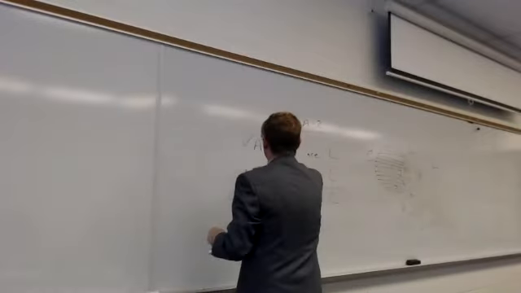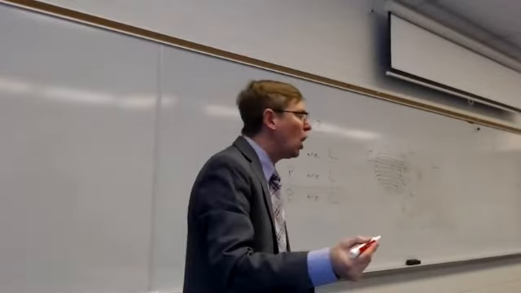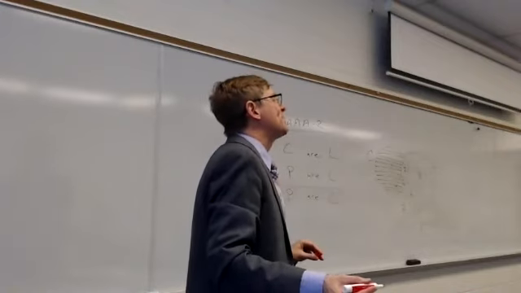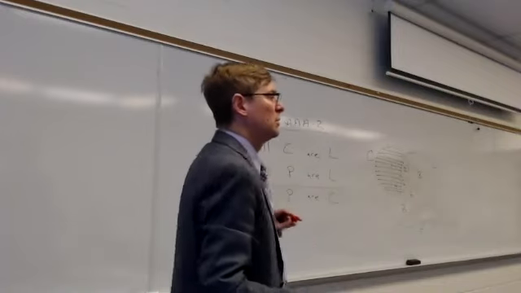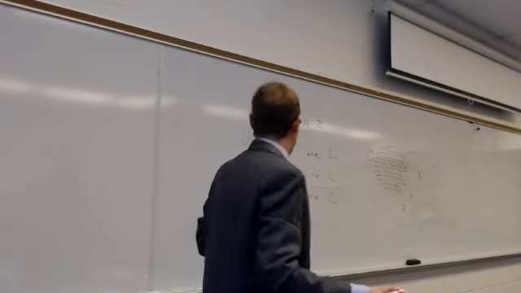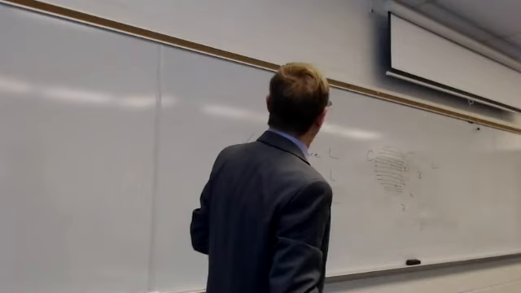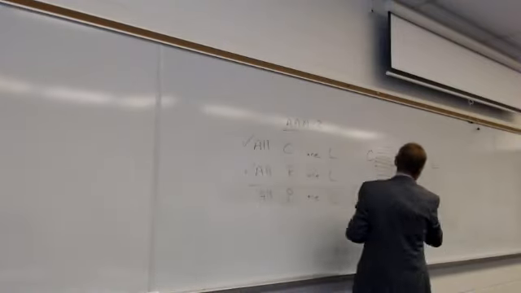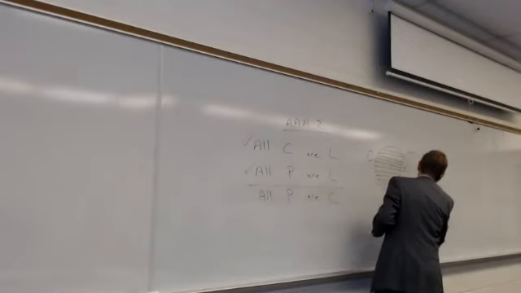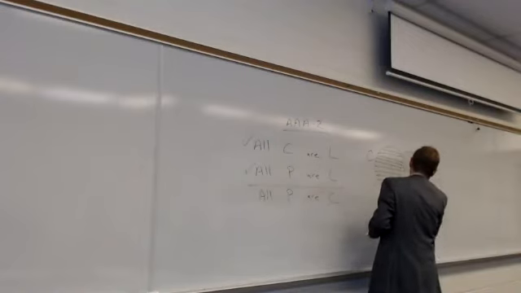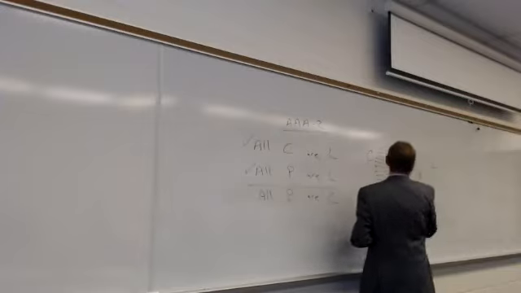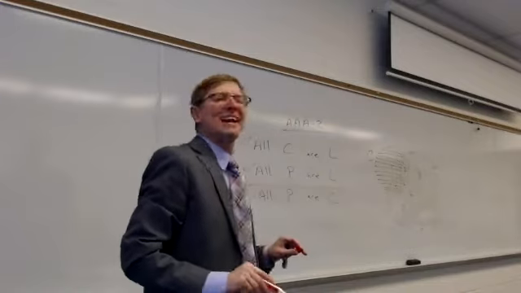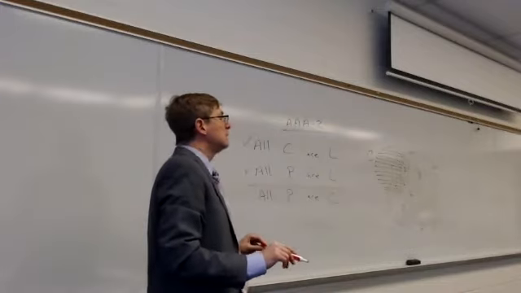Next, just to make things colorful and easy to see the distinction, I am going to diagram the second premise using a red pen. All P are L. I'm going to be shading in all of the area of P that is not a part of L. Now, folks, you may have noticed that I shaded 4 twice.